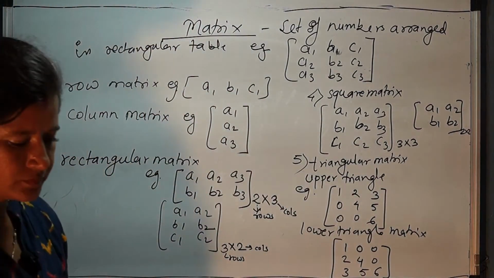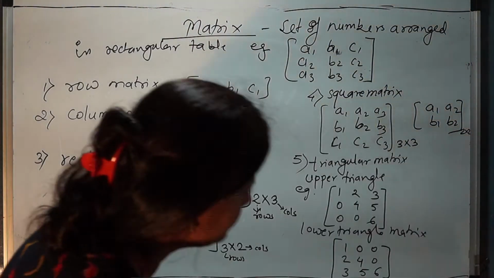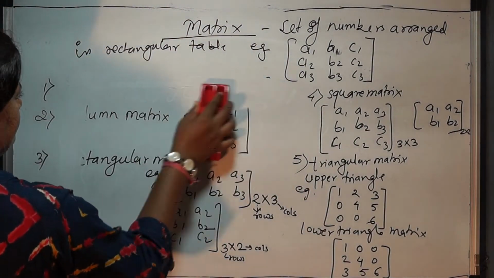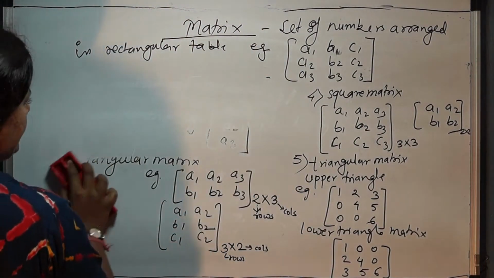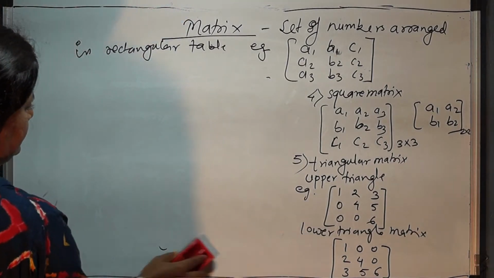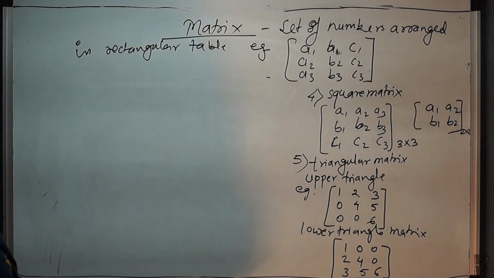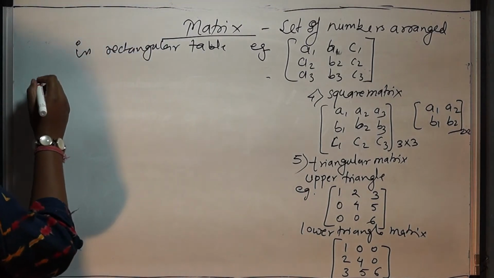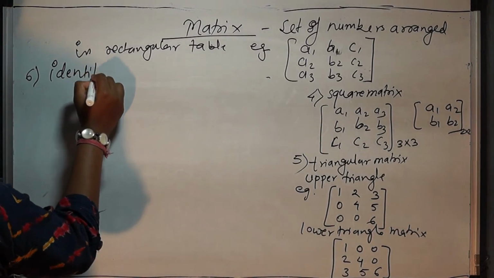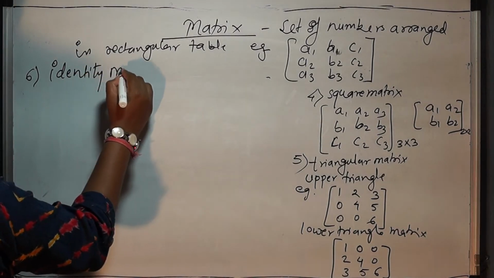Okay, then the next type, sixth type, is identity matrix.